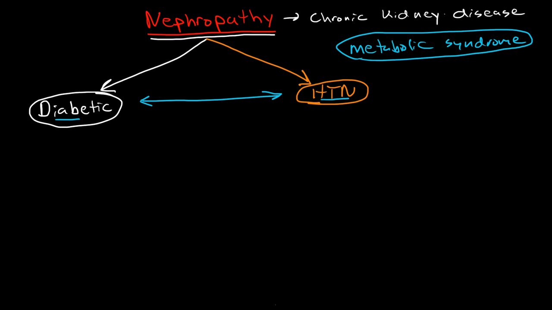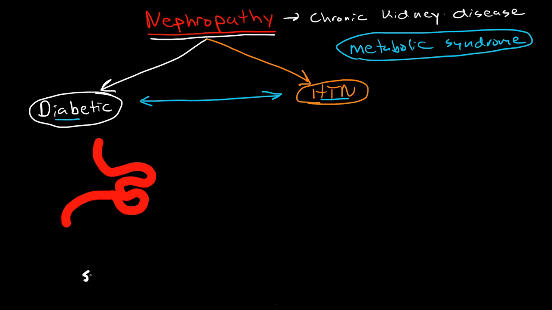So, hypertensive nephropathy. Well, before we get into it, I want to talk a little bit about the glomerulus itself. Now, remember, the glomerulus is made up of an afferent arteriole that comes into a small tuft of capillaries and then goes out an efferent arteriole. Now, normally in the body, blood pressure in the capillaries is quite low.